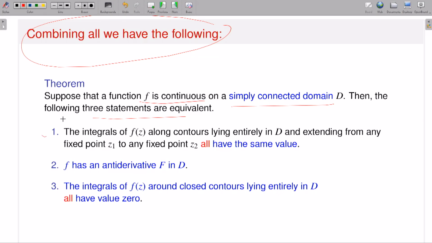First, the integrals of f along any contours lying entirely in D extending from the point z1 to z2 all have the same value, that means independent of the choice of the contour. Second, f has an antiderivative. Third, if I take any simple closed contour inside my domain, then the integral of f along this contour is actually 0. So it is a combination of everything.